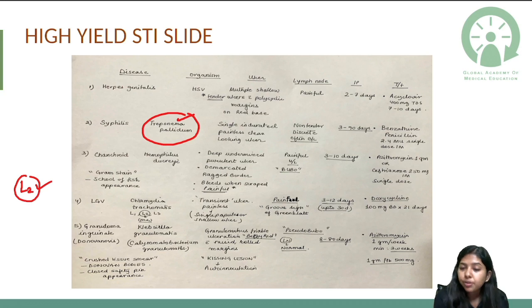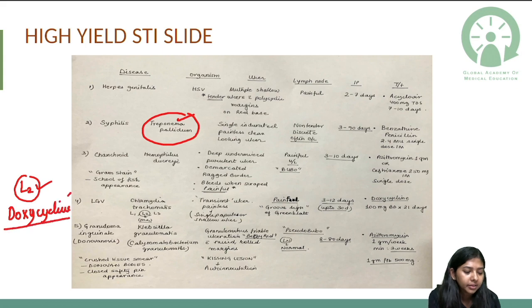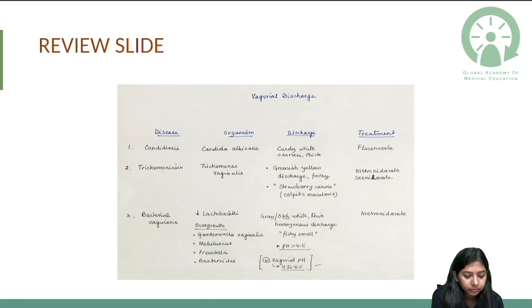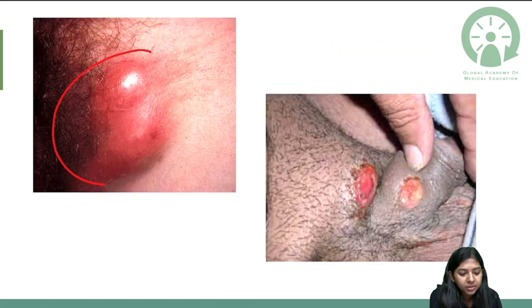The incubation period you have to memorize is up to 30 days, 3 to 12 days, and the drug of choice is doxycycline. So this is the groove sign of LGV.